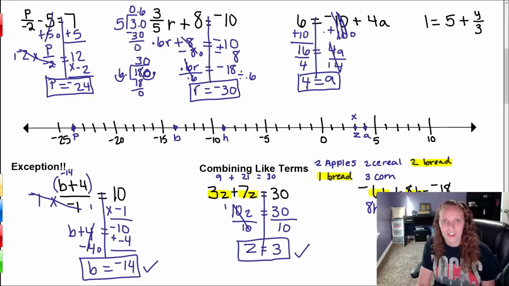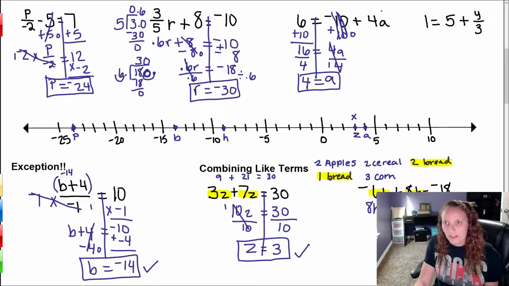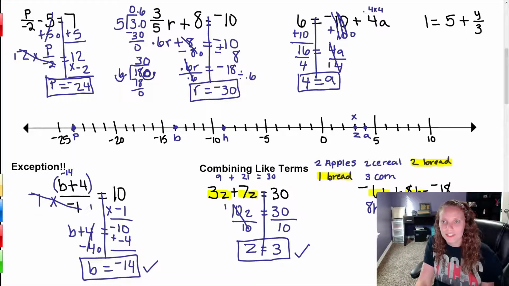I haven't showed you this yet. 4 is supposed to be equal to A. So if we plug this in up here, put a 4 for this A, we would do 4 times 4, which is 16, plus a negative 10, or 16 minus 10, and that is equal to 6, and so that's how we know we are correct.